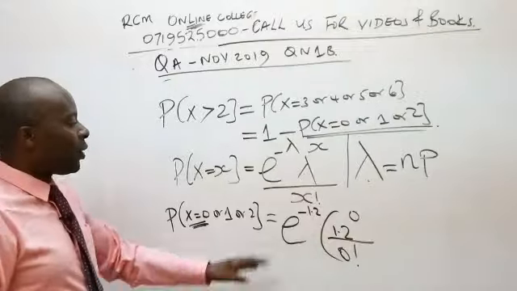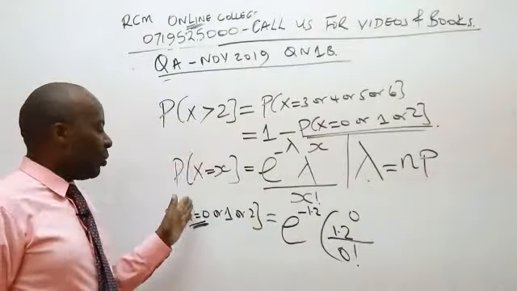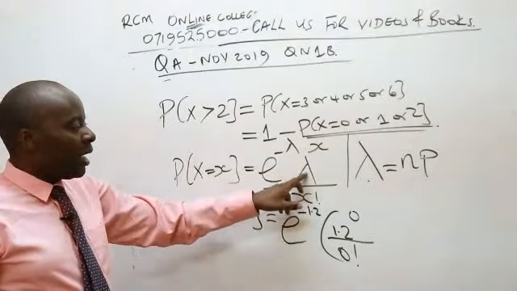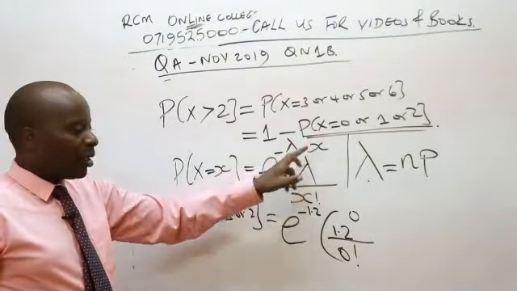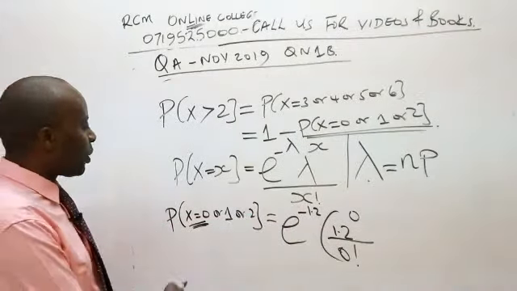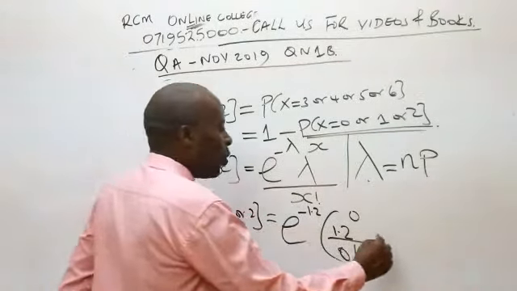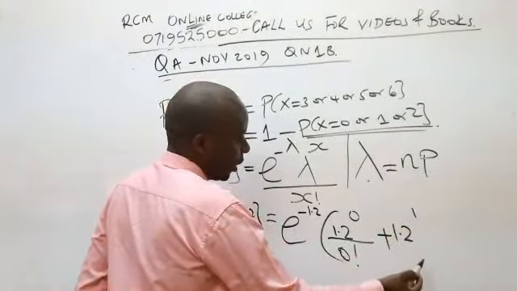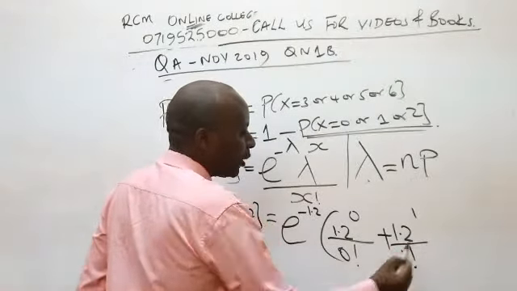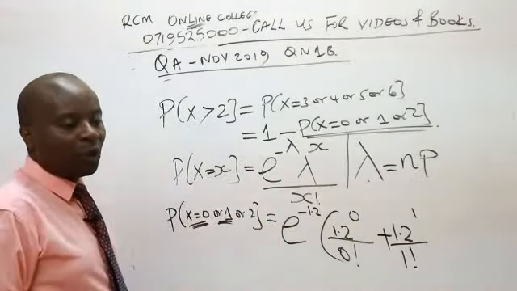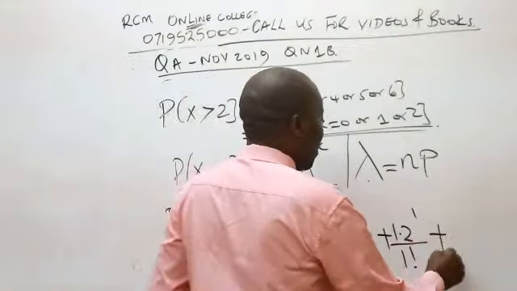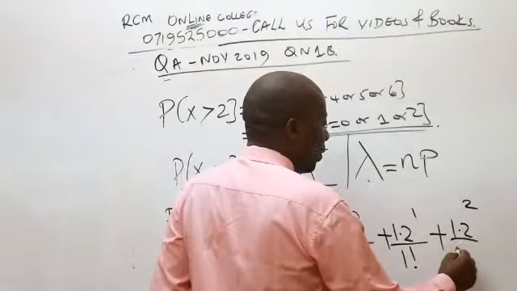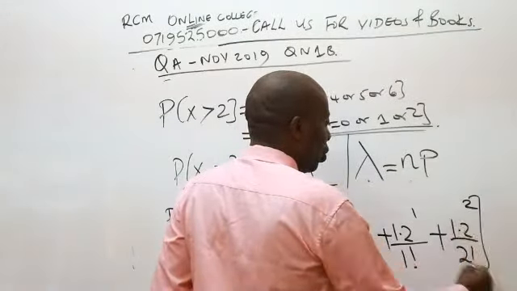I'm factoring out this e because it's applicable to each one of them. But inside brackets, I'll have lambda raised to x all over x factorial. So plus the mean raised to 1, all over 1 factorial. Plus 1.2 raised to power 2, all over 2 factorial.